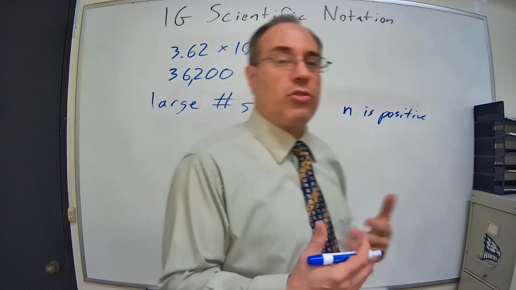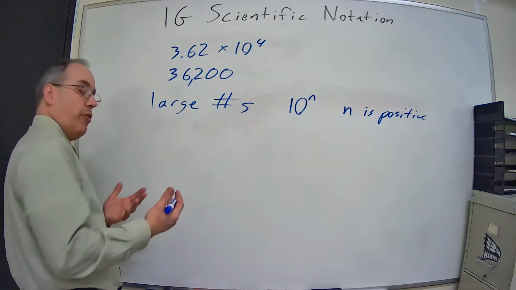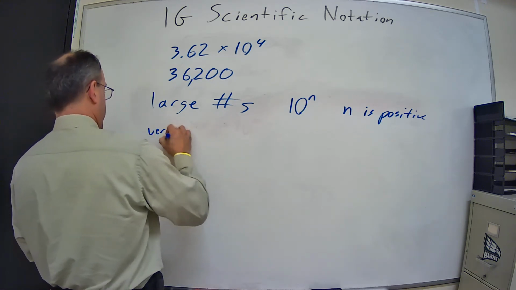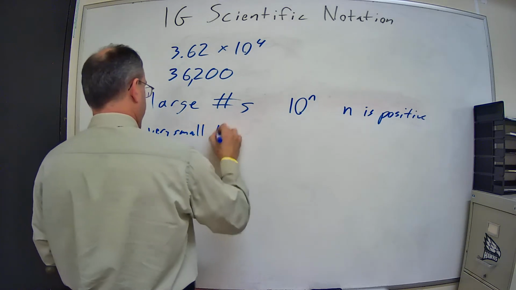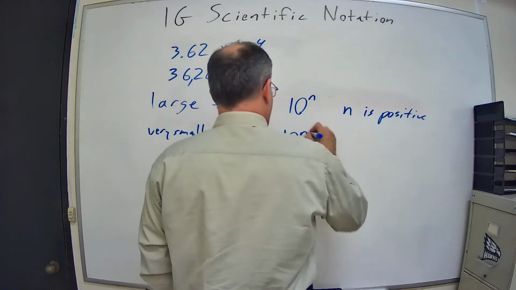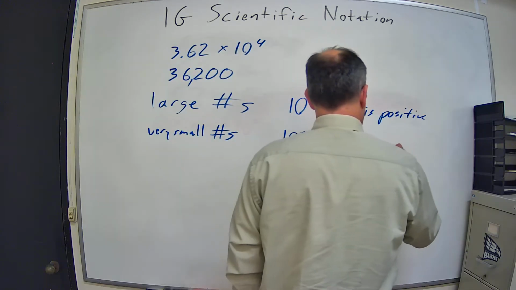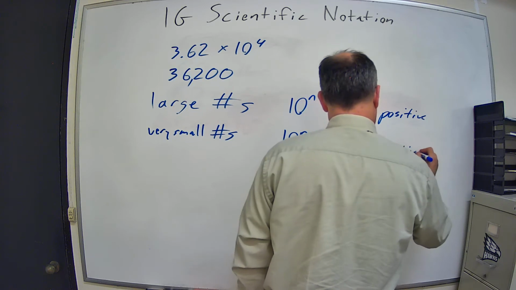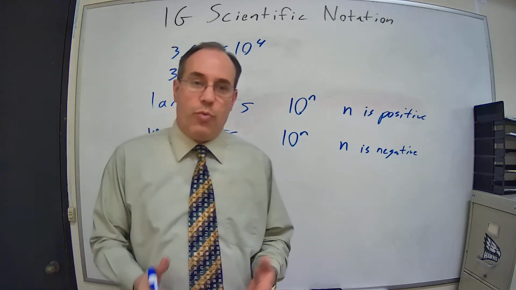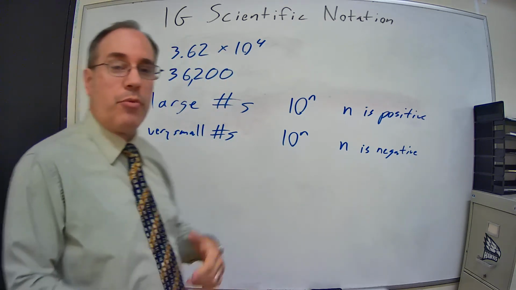If we're dealing with very small numbers, numbers between 0 and 1, then that power n is negative, which means we would shift the other direction to make the number very small.